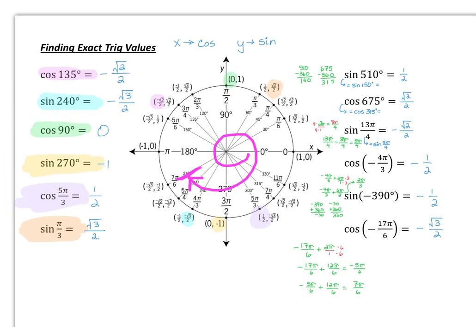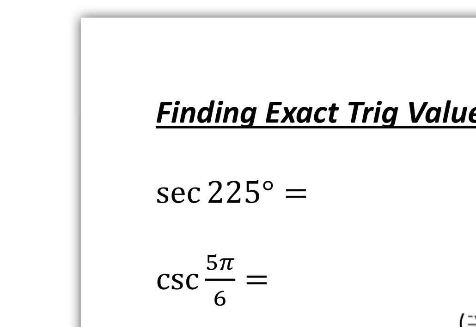Now on the next screen, I will be looking at secant and cosecant first, and then tangent and cotangent next. So let's start on the left-hand side of the page here, the problems that are all dealing with secant and cosecant. And remember that cosecant of an angle is equal to 1 over sine of that angle.